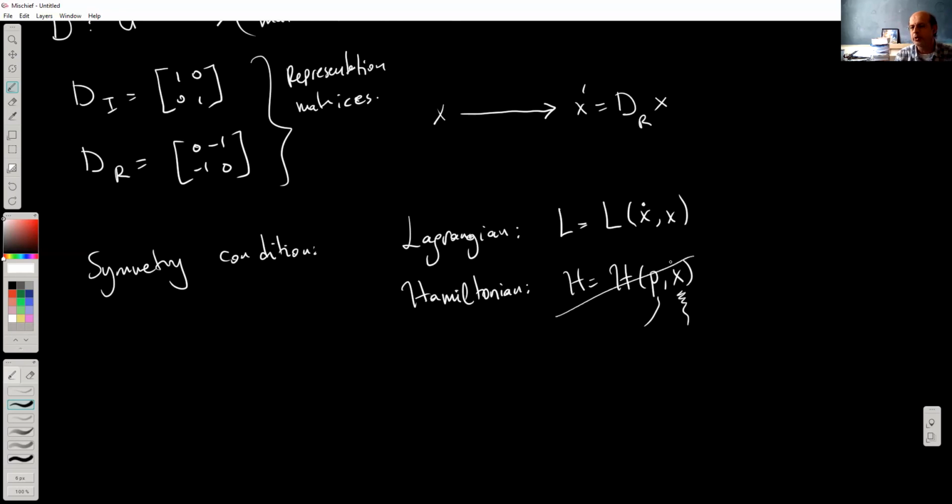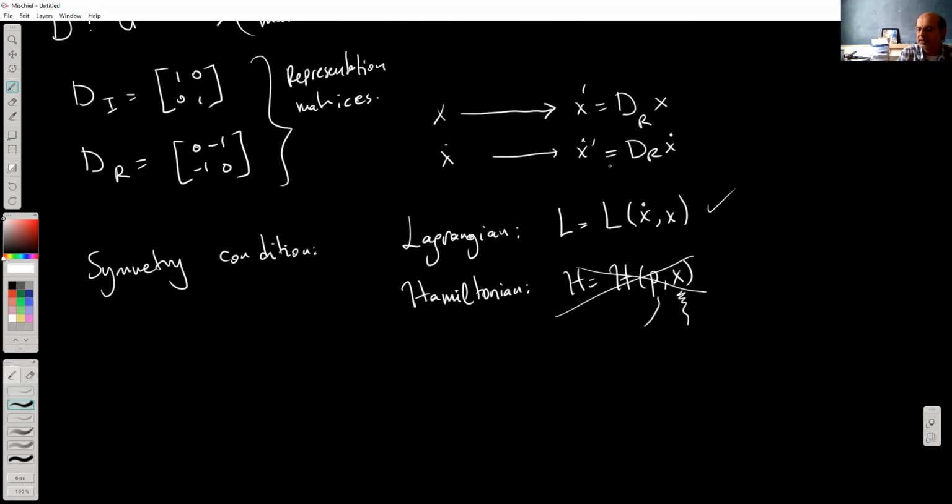So as a result, I'm not going to follow this approach, but I'll follow the Lagrangian approach because I know how positions transform. Therefore, by just taking a dot product only, I know how the velocities transform, right? I just need to take the dot product in here. So x prime dot is basically D(R) applied on x dot, right?